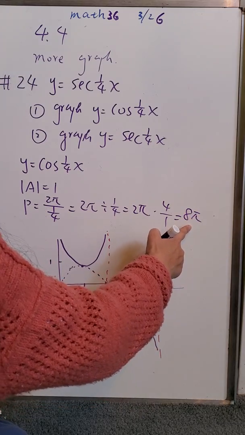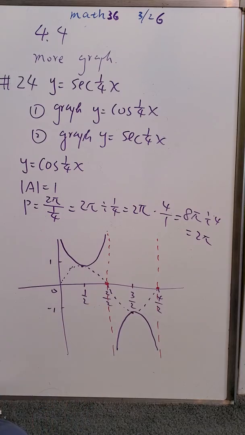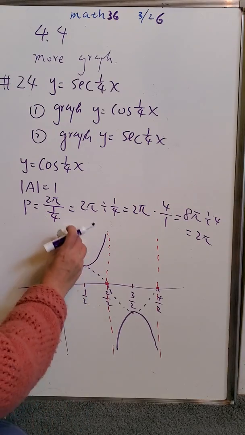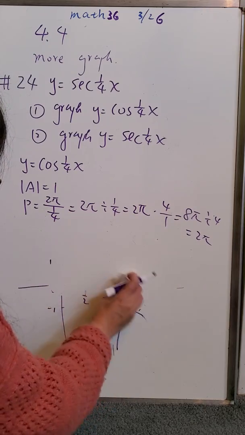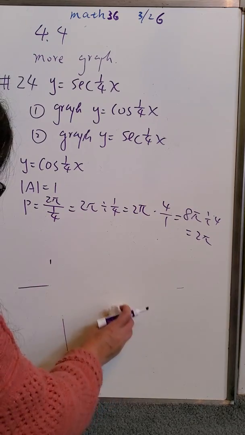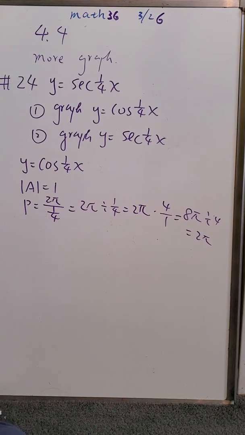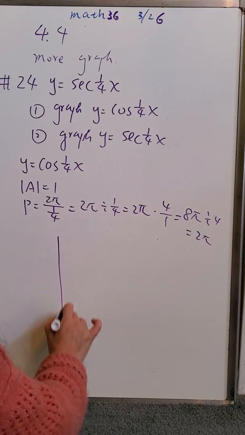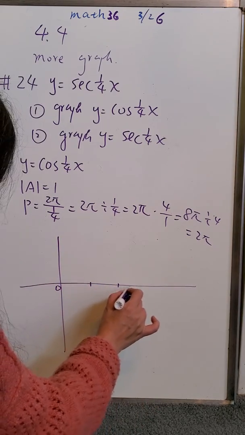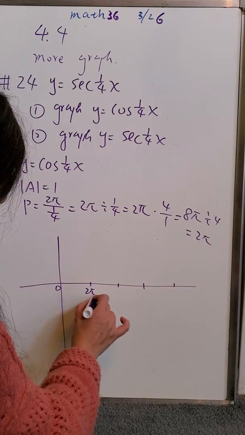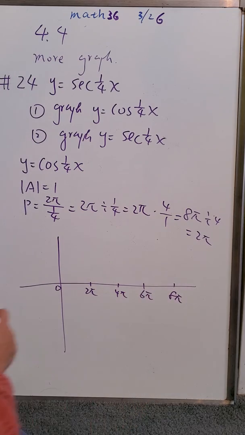And take the 8 pi divided by 4, so it's equal to 2 pi. That means each unit is equal to 2 pi. So each quadrant is divided by 2 pi. So 0, 1, 2, 3, 4: 2 pi, 4 pi, 6 pi, and 8 pi.